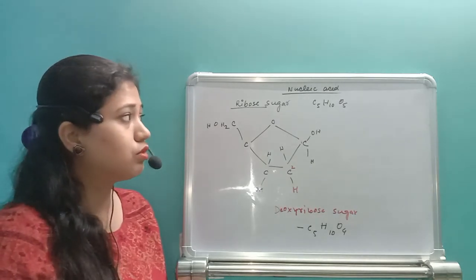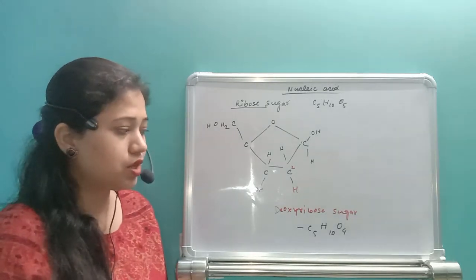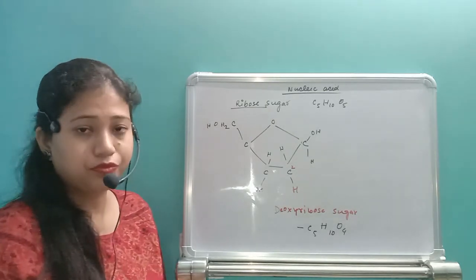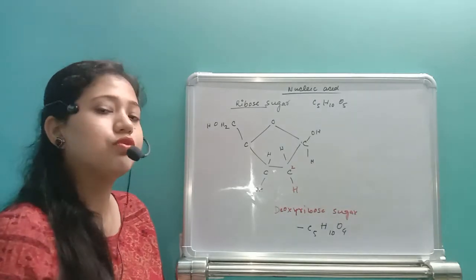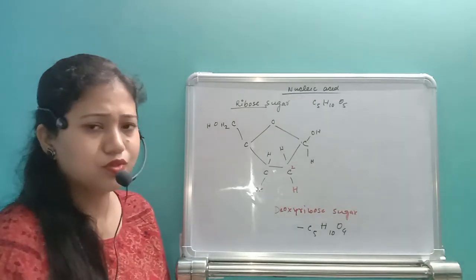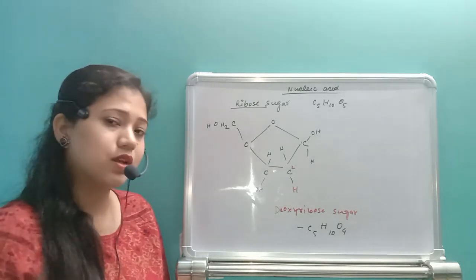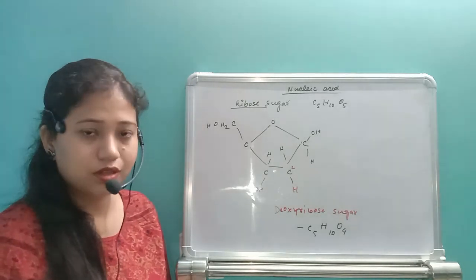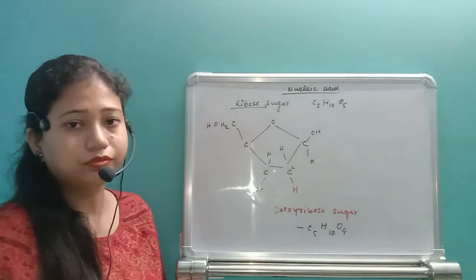If it comes to which of these two, ribose and deoxyribose sugar, is heavier or has more molecular weight, then obviously it will be the ribose sugar. Deoxyribose sugar, as one oxygen is not present, is going to have less molecular weight, right? So these are the types of sugar.